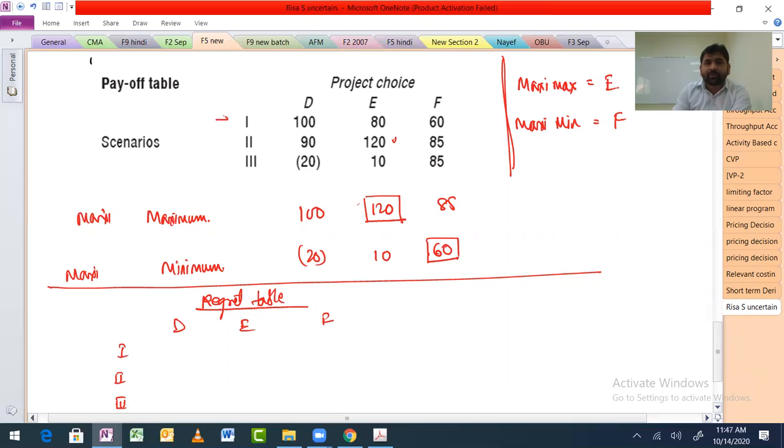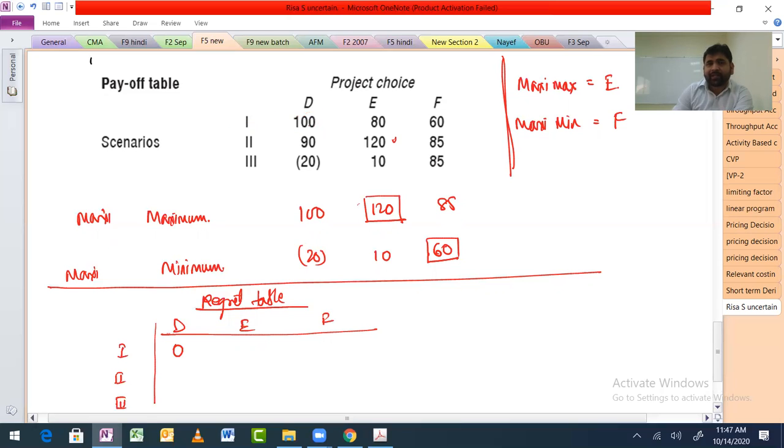If scenario 1 is true, which one is the best? D is the best. So if I have selected D, zero regret. If I have selected D when the market is in this scenario, that's the best option I could have selected, so there is no regret.